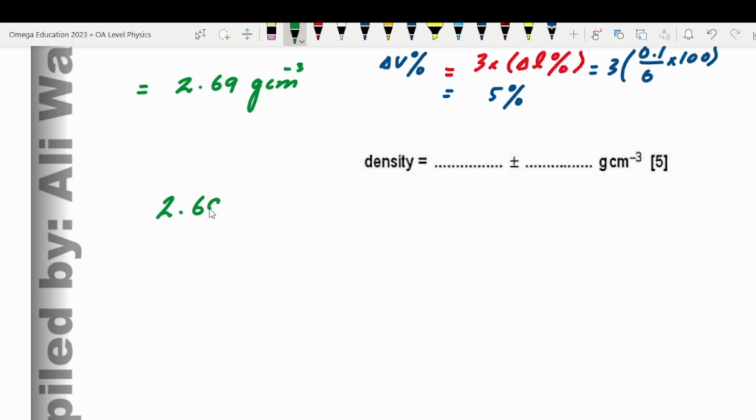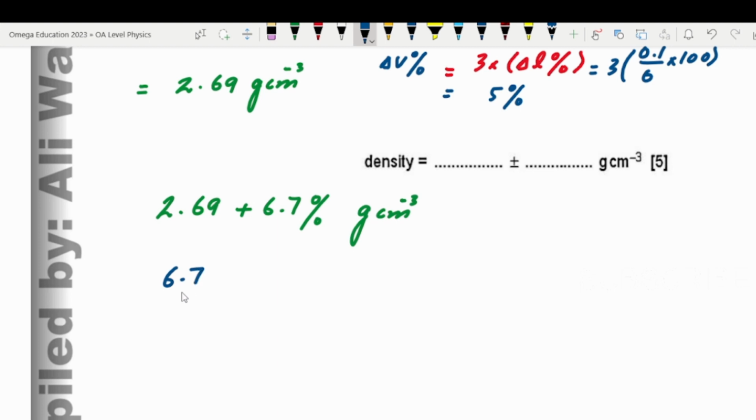So 2.69 plus minus 6.7% grams per cubic centimeter. But without the percentage sign, you can find what is 6.7% of 2.69.